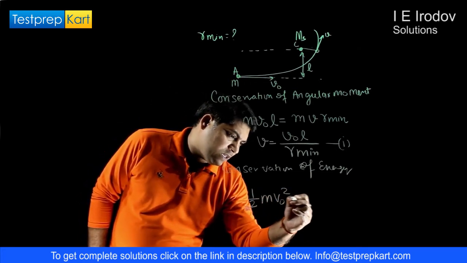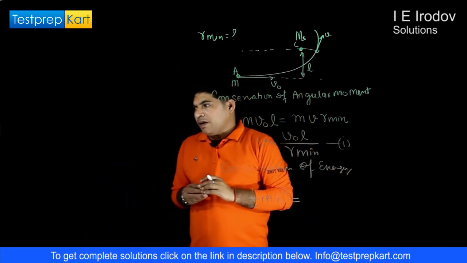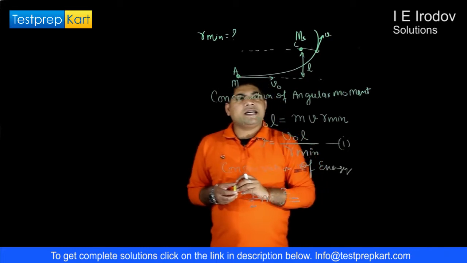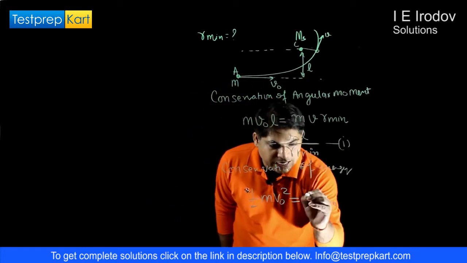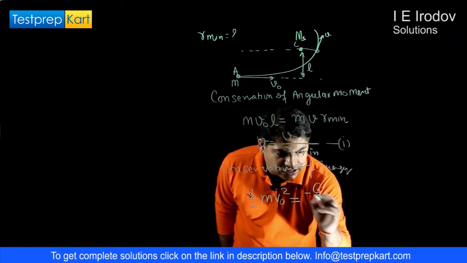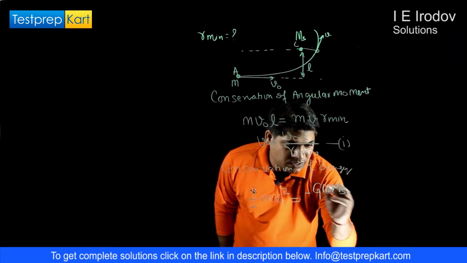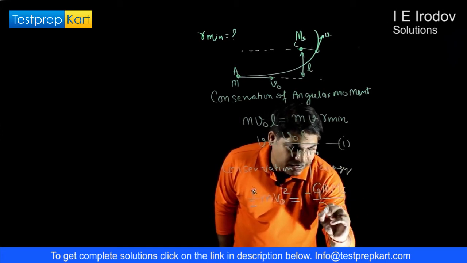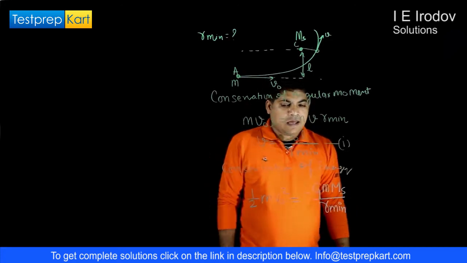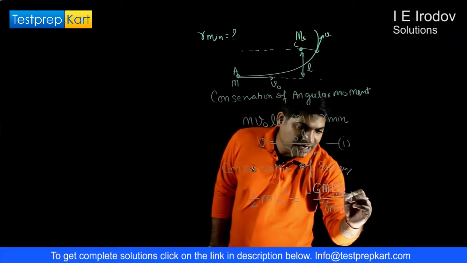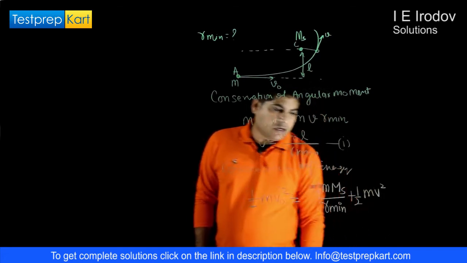Okay. So at this point energy is half m v naught square, and when the object reaches this point, there will be two components. One is kinetic energy, another is potential energy. So potential energy for any gravitational object is minus G, mass of the object, mass of the sun divided by the distance between these two, r minimum. Okay. And kinetic energy is half m v square.